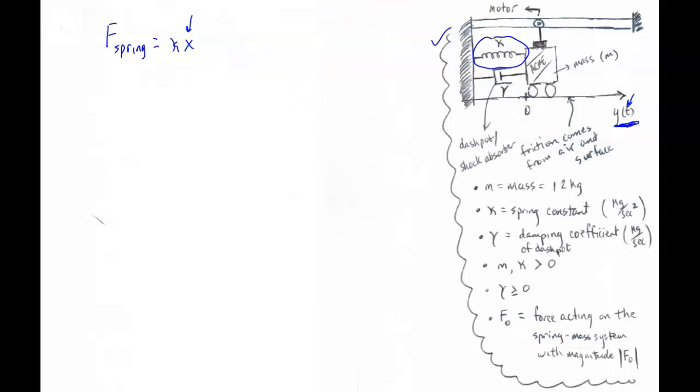Okay, so if I change this up in how we're actually going to use it, it'll look something like this, where we know the y sub i would be our initial position, and y sub f would be our final position. Okay?